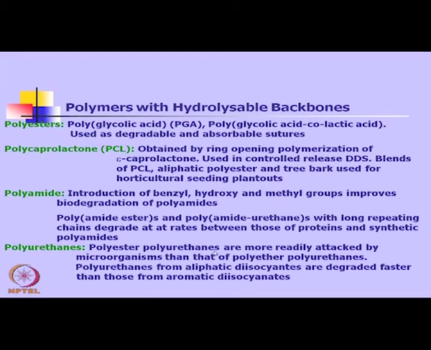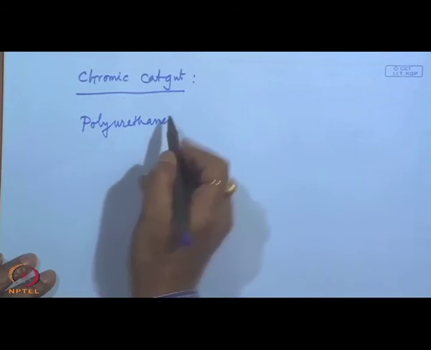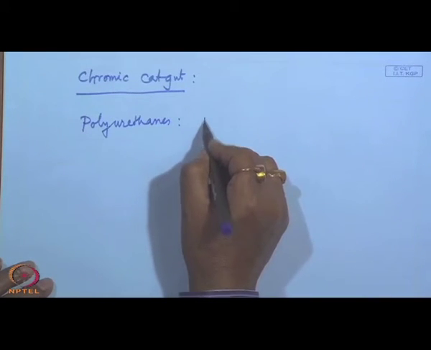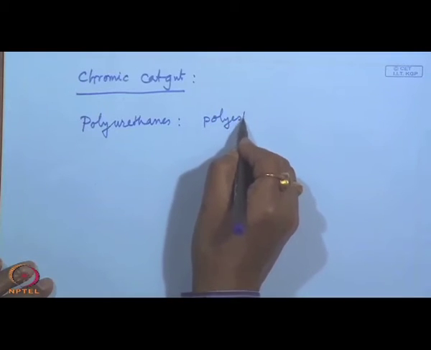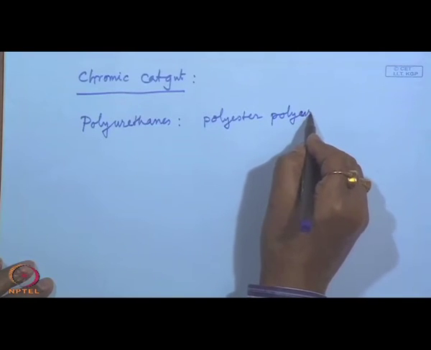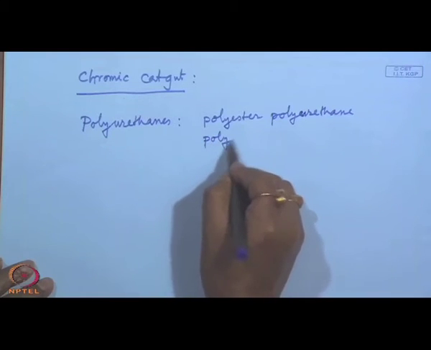Polyester polyurethanes are also readily attacked by microorganisms and hydrolytically degraded, and the polyether polyurethanes are also degradable. So, polyurethanes can be polyester polyurethane or polyether polyurethane.